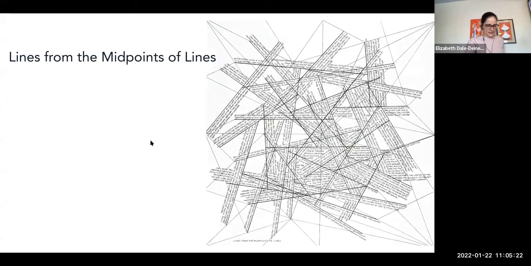It was made in 1975. And he did lines from the midpoints of lines, and it looks like this. So I'm curious, when you see this, which was from the artist's hand, what thoughts do you have about the correctness of your interpretations?